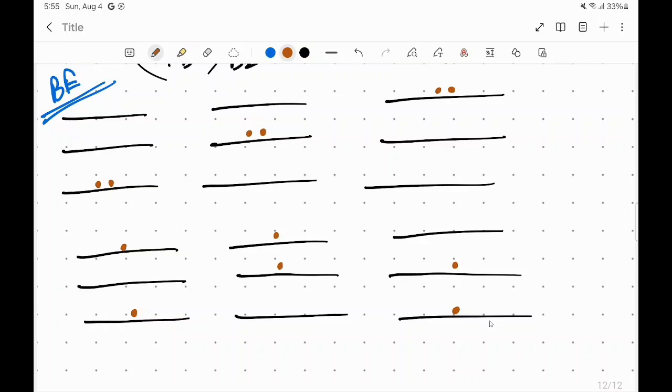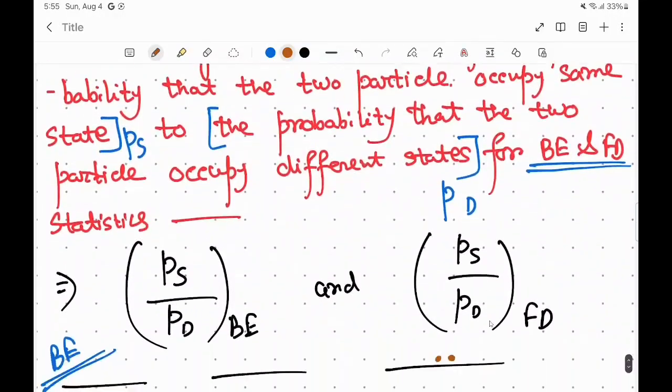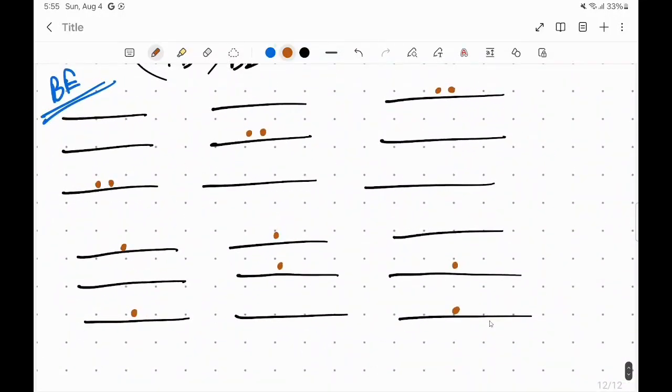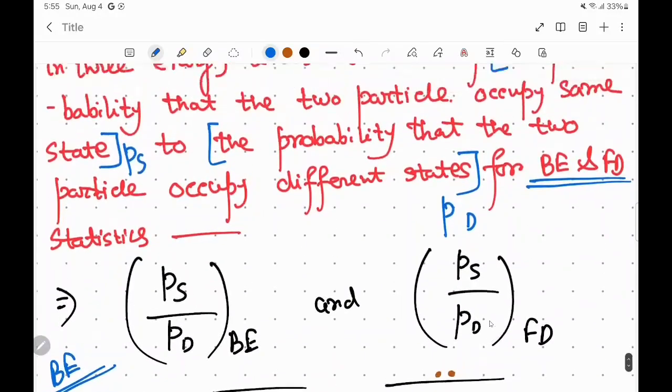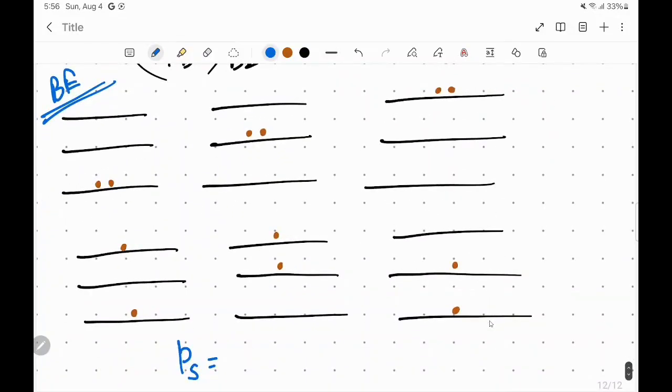Okay, so now we have to find out the probability Ps when both particles are in the same state. So what will be the probability? 3 by 6.